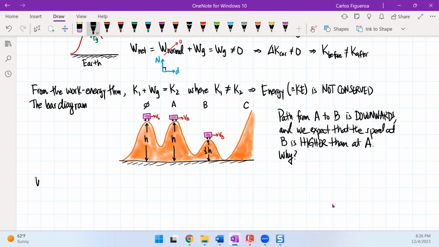That has to do with the work of gravity, which is positive work. And the reason why it's positive is because when I look at the work from A to B, the force of gravity is downwards, and the displacement is downwards.